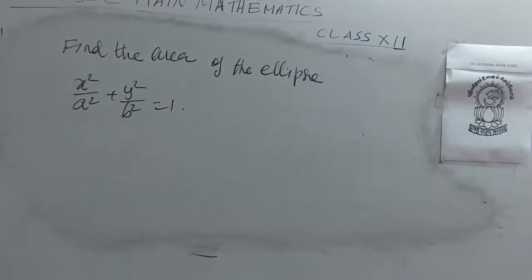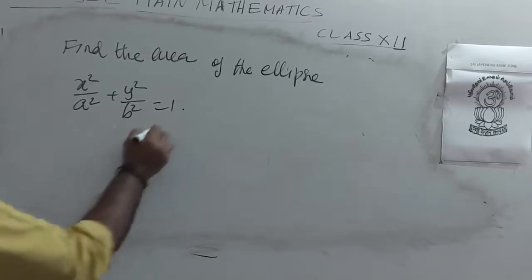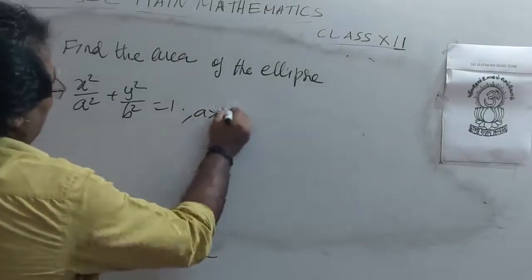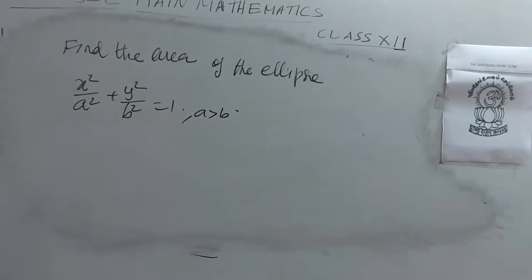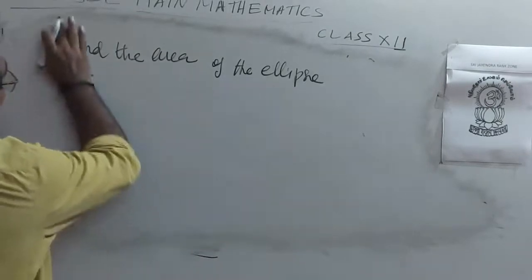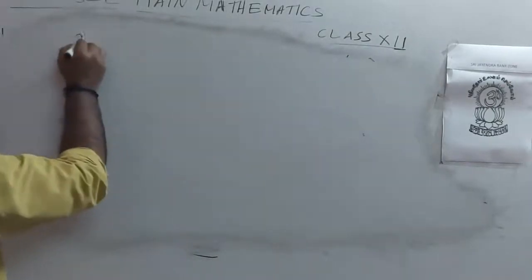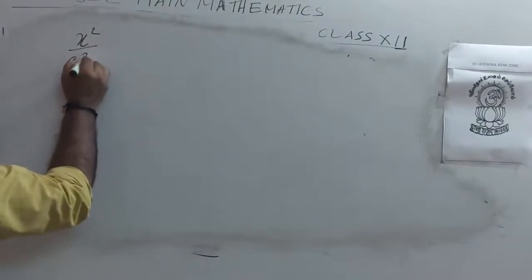Find the area of the ellipse x squared by a squared plus y squared by b squared equal to 1, where a is greater than b.